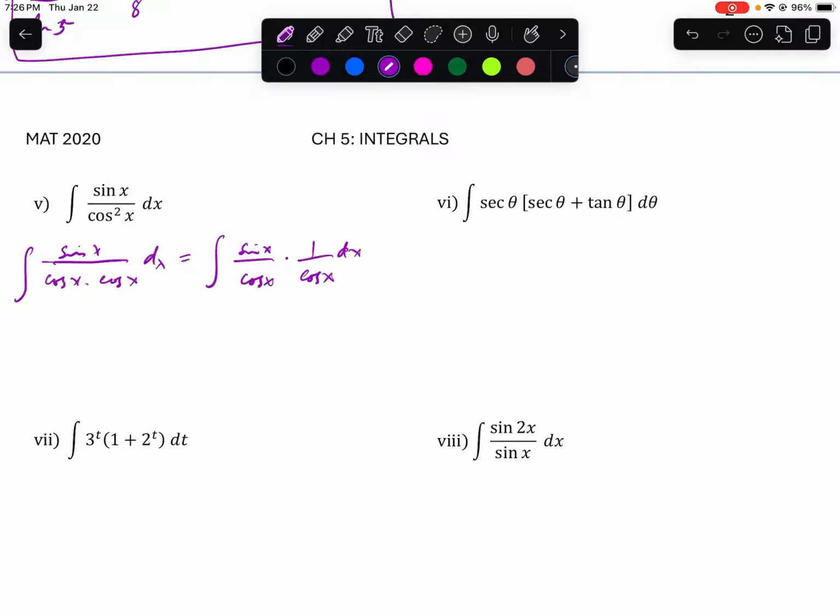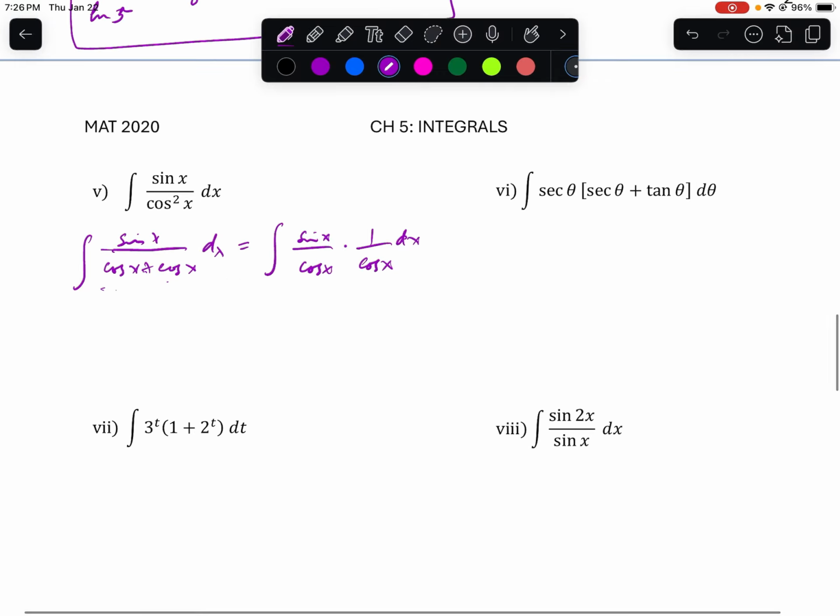Note here, we can write it like this because there were two cosine x's being multiplied in the denominator. If I had cosine x plus cosine x, I cannot get it to this form.